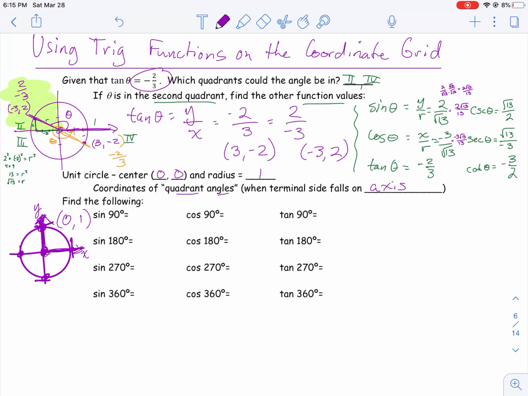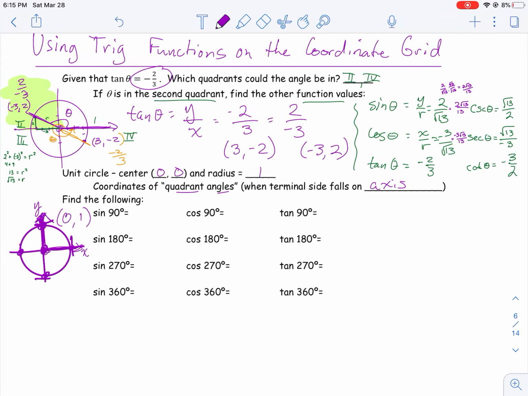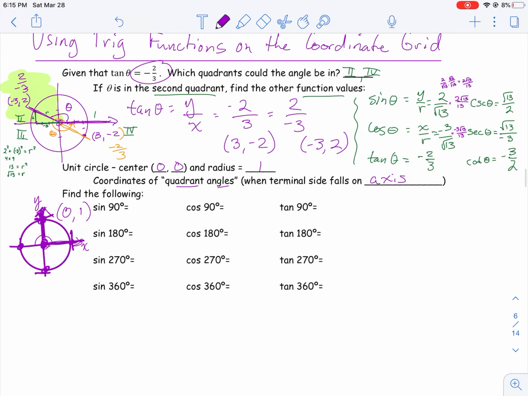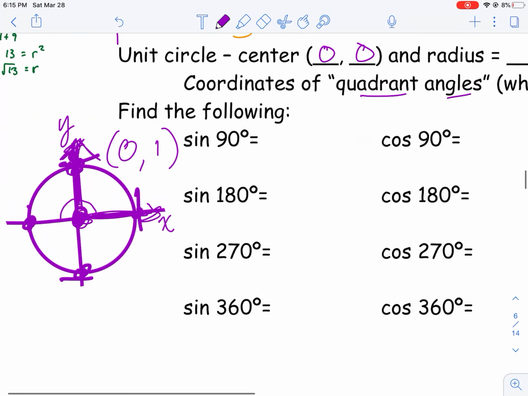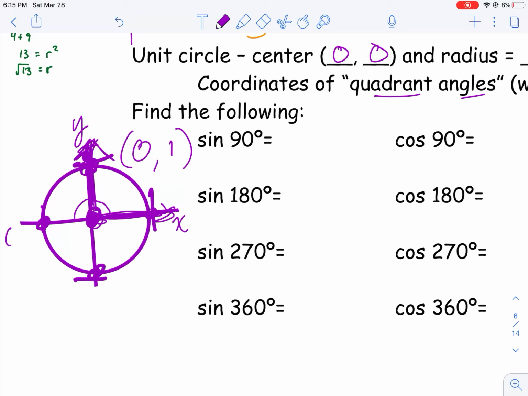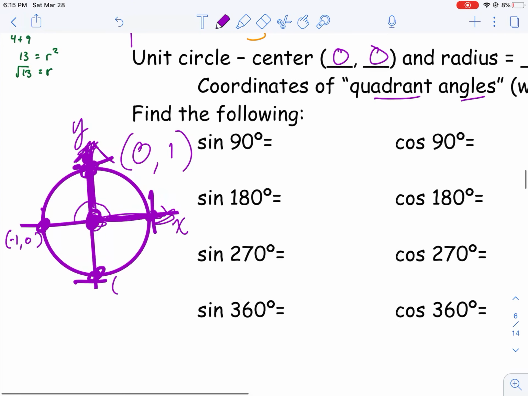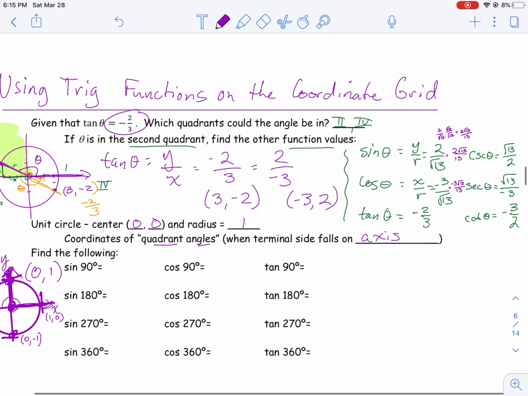To get to that point, I need to go over 0 and up 1. Okay. So what if I go to the next quadrant angle? I come over here. What are the coordinates of this point? Now I'm going left, negative 1, and up 0. This one, I'm going over 0 and down 1. And this one is to the right 1 and up 0.